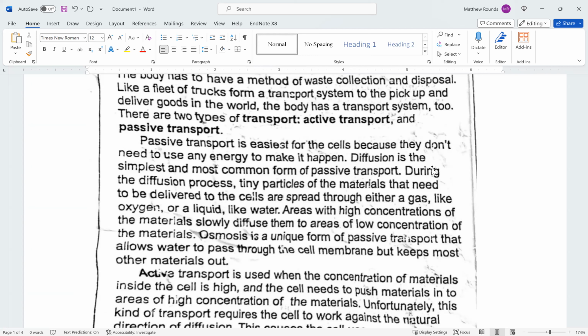Areas with high concentrations of the material slowly diffuse to areas of low concentration of the materials. Osmosis is a unique form of passive transport that allows water to pass through the cell membrane but keeps other materials out.